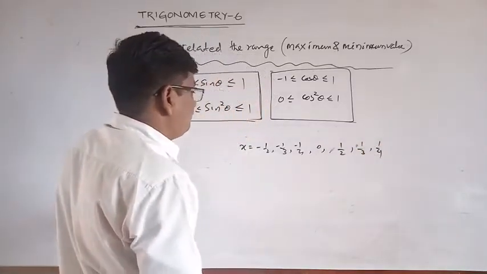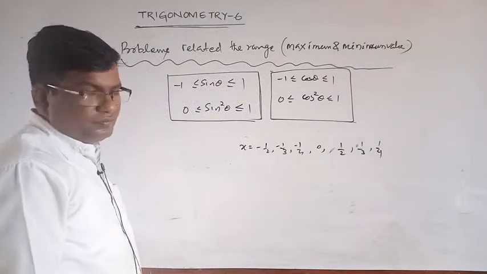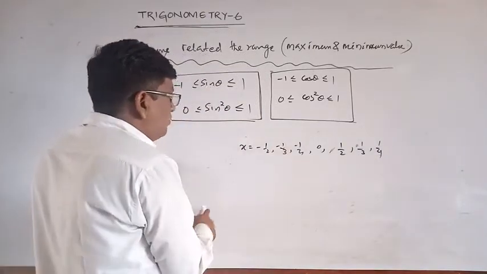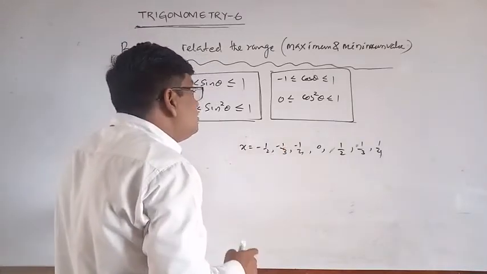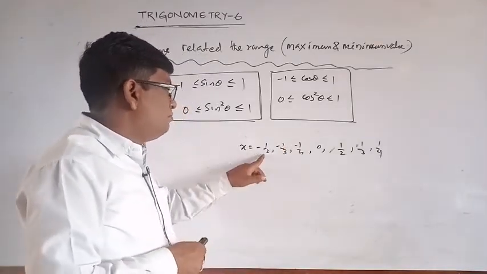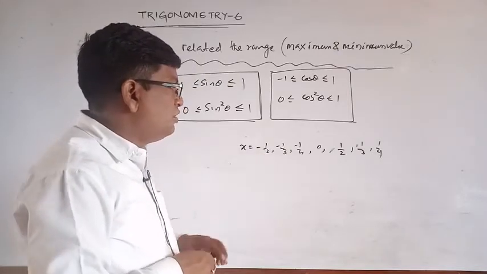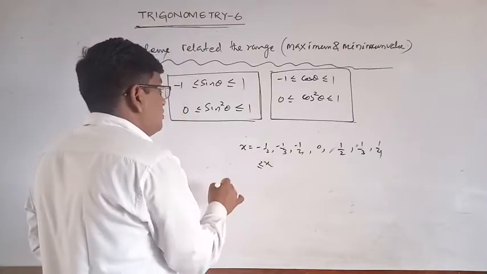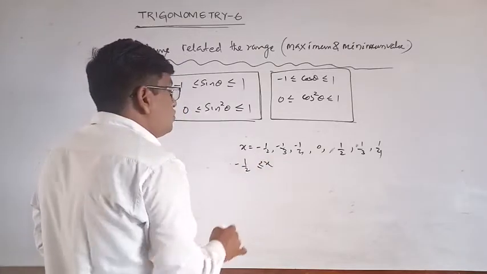Suppose, what is the maximum and what is the minimum value here? -1 by 2 is the minimum, so x lies between -1 by 2 and what?